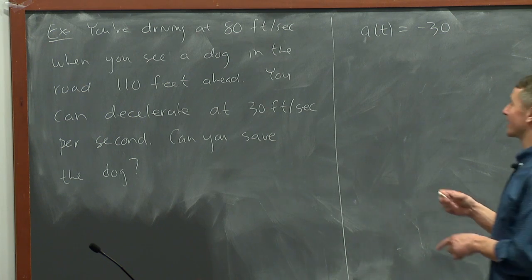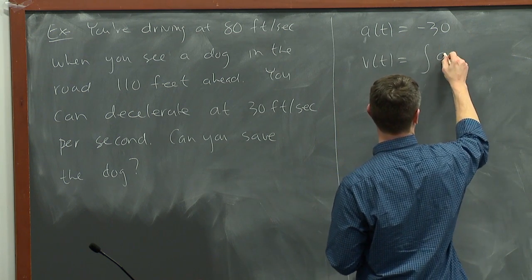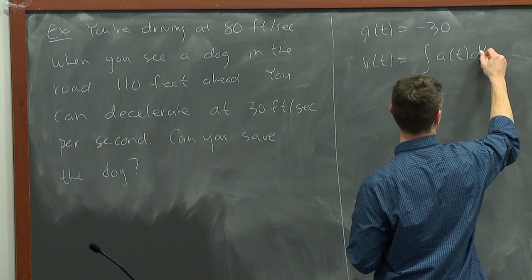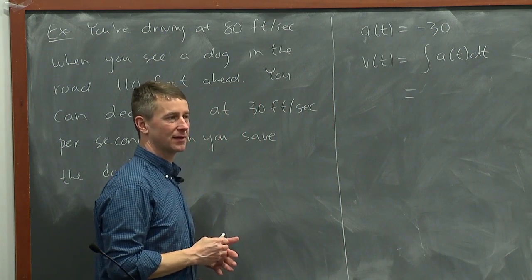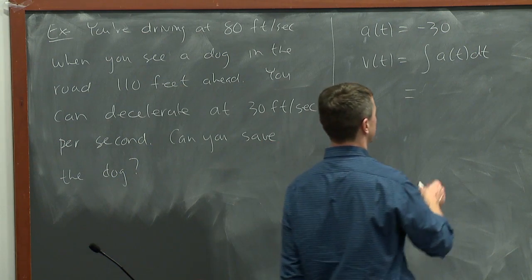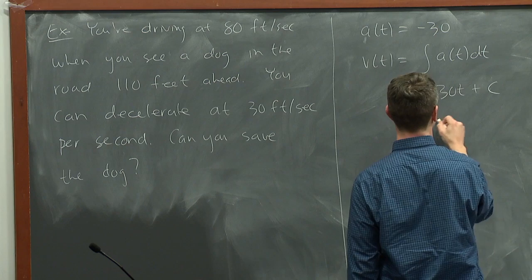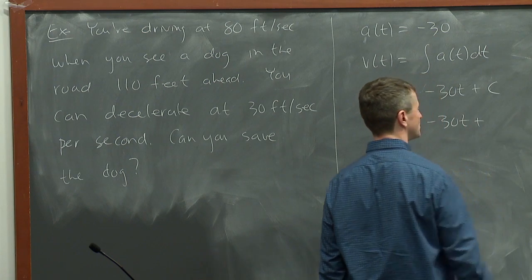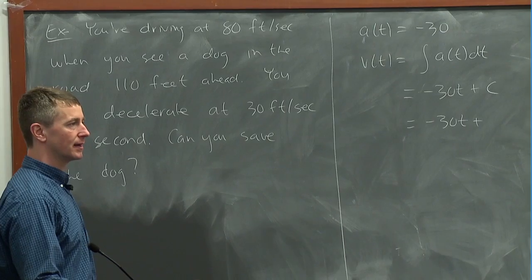So from acceleration, we can get to what function? Velocity is the antiderivative of acceleration. So do you know a function whose derivative is negative 30? Negative 30t, but it's not the only one. Plus c. Do we have enough information to figure out what c should be?